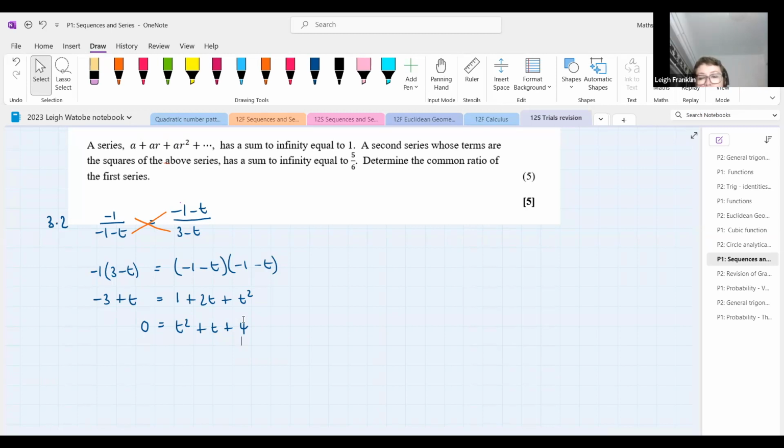Can we solve this? Okay, so Trish, if we did use the quadratic formula, what would end up happening if we tried to solve for t now?